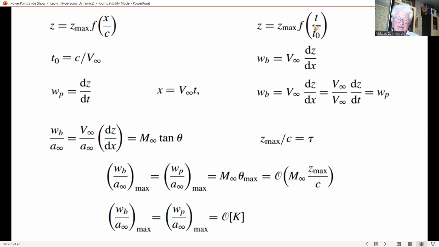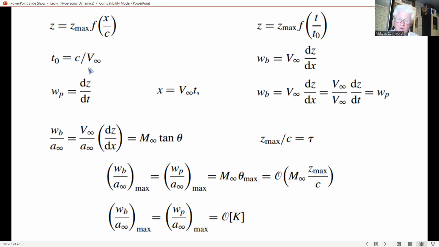Here t is measured from the instant the leading edge of the airfoil contacts the vertical plane, and t naught is the duration of the piston motion. So t naught may be described as c over V infinity.